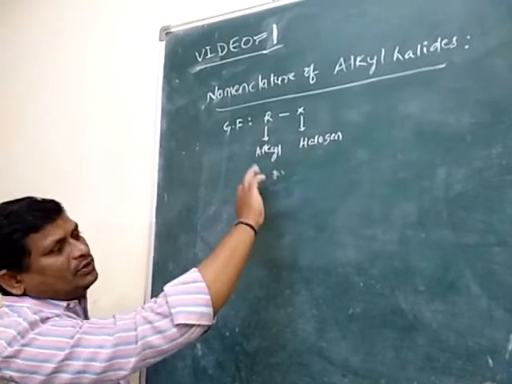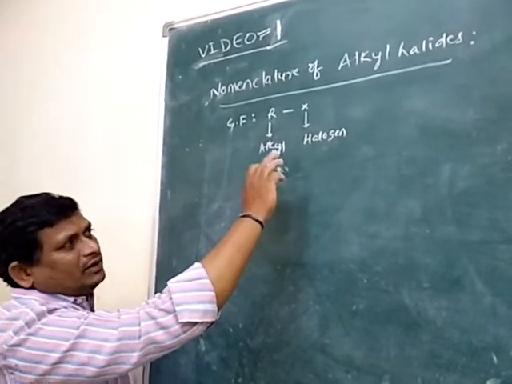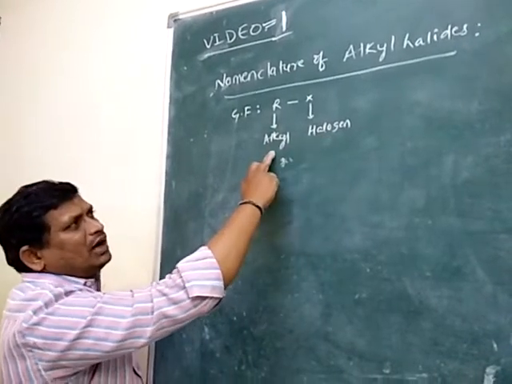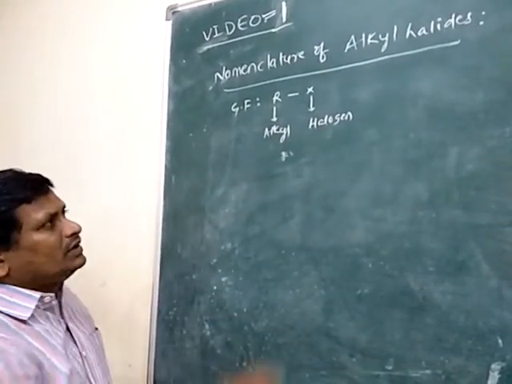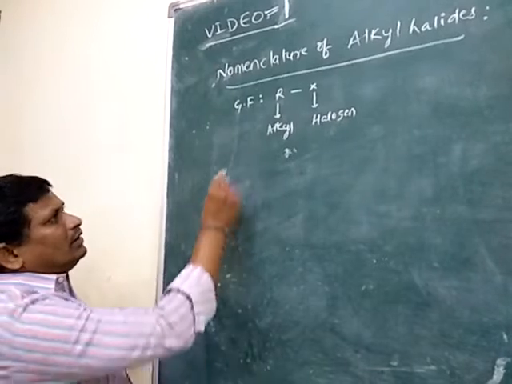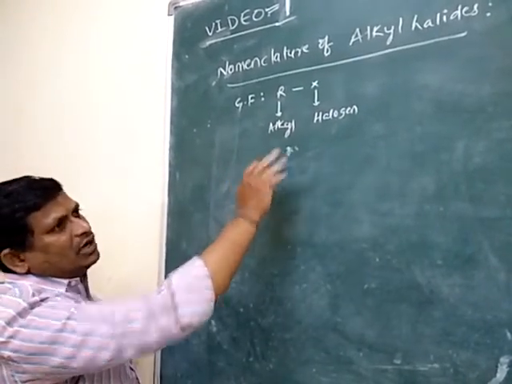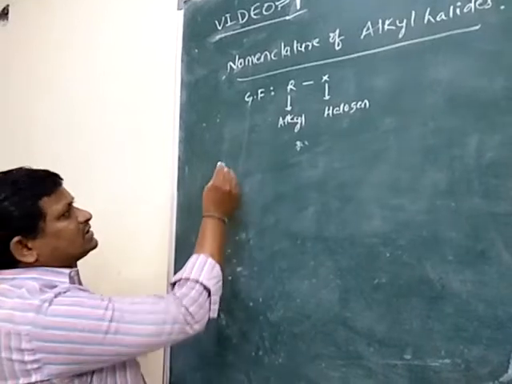But according to IUPAC nomenclature, first represent the halogen group, next the alkyl group. So let us consider some alkyl halides, common names and IUPAC names.